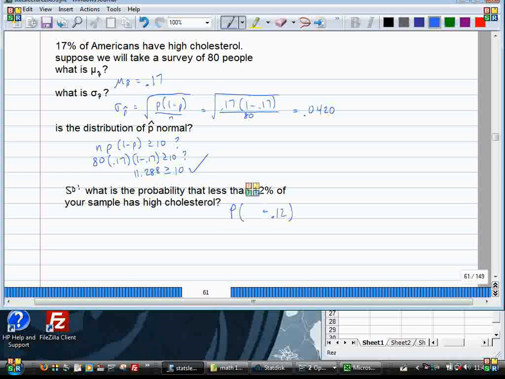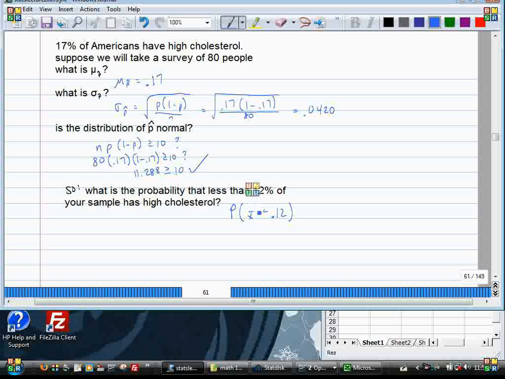Is this a question about X? What is less than 0.12? Not S. What from your sample? The sample from the sample. Or to say it with a little more clarity, normally we would write down something like X bar.